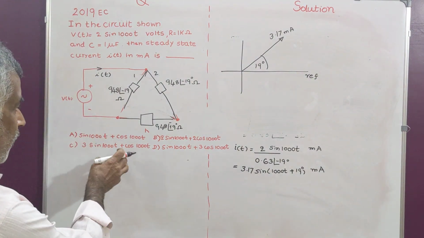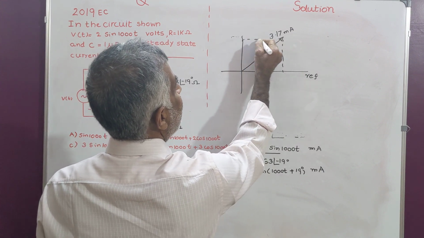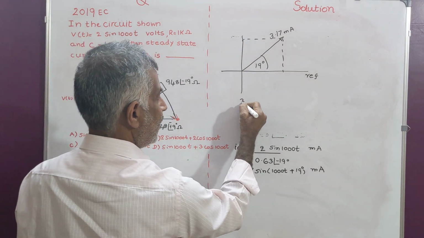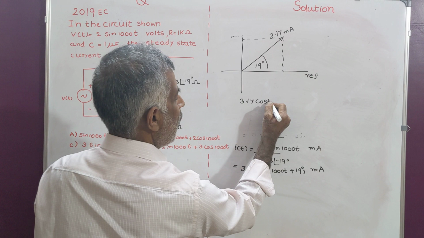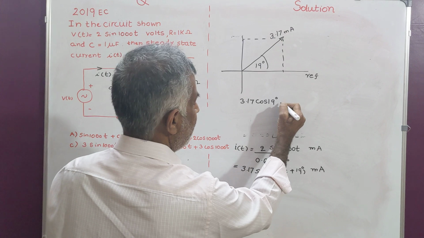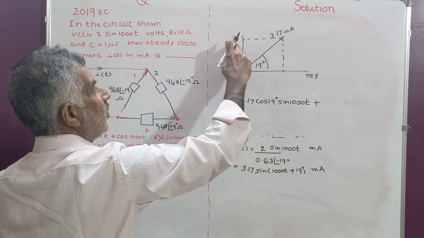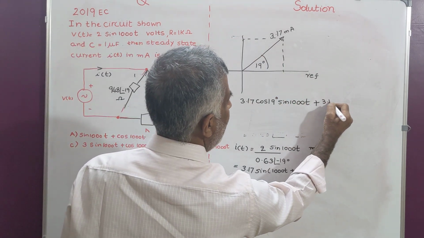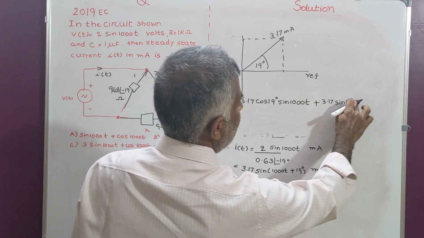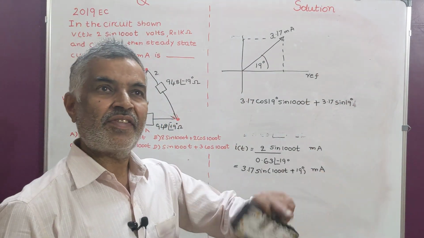Now to convert to this form, we have to take the real axis and imaginary axis components. What is the real axis component? It is 3.17 cos 19 degrees, with sin 1000t. The vertical component is 3.17 sin 19 degrees, and the vertical component is a cosine wave, because cosine leads sine by 90 degrees.